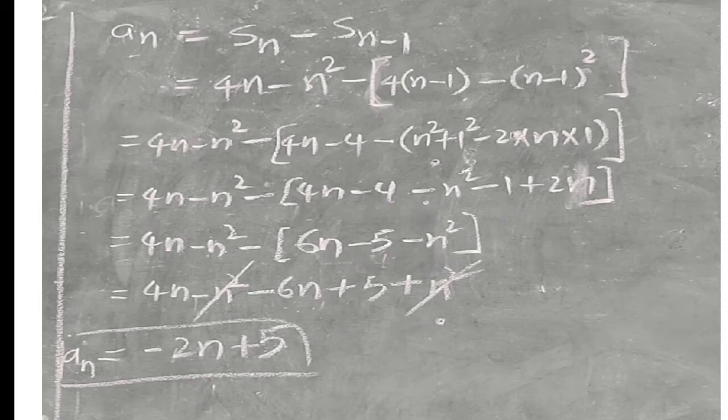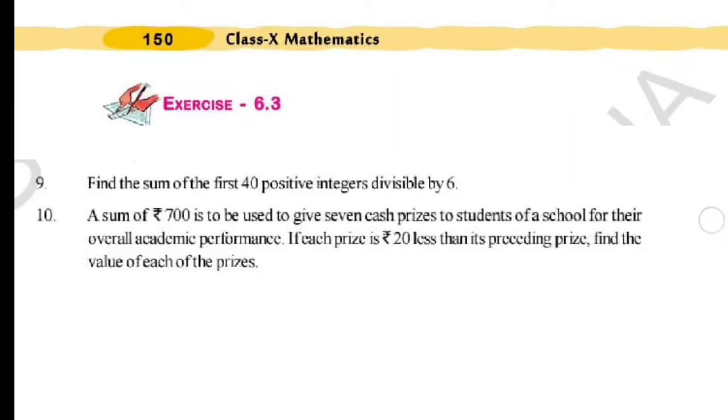Now remove the bracket: minus 6n plus 5 plus n square. Here minus n square plus n square cancel. 4n minus 6n is minus 2n, and here 5. So the nth term is minus 2n plus 5.